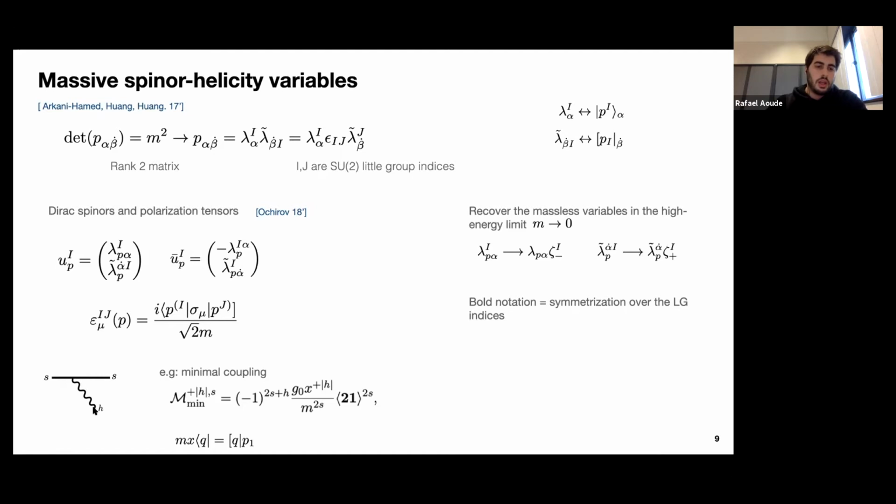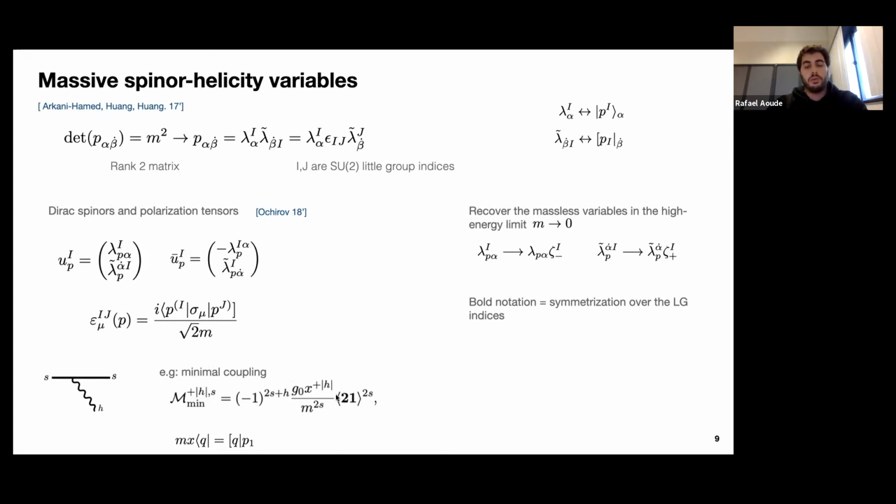In the bottom left, I lay down the minimal coupling of two massive particles with the same spin and a massless particle with helicity h. So this is particle 1, particle 2, and this is represented by q in the amplitude. This is the minimal coupling, which is described by the most well-behaved amplitude when you take the massless limit.